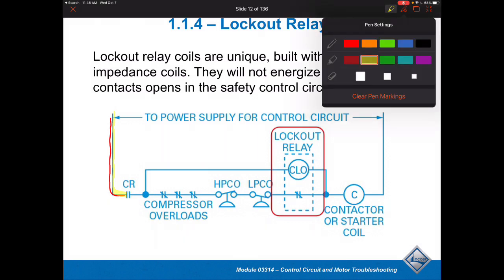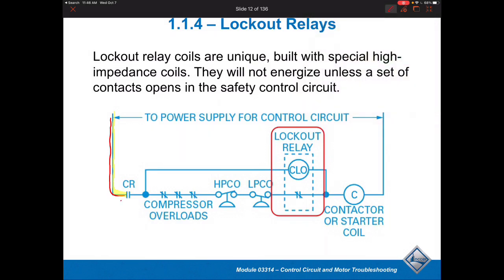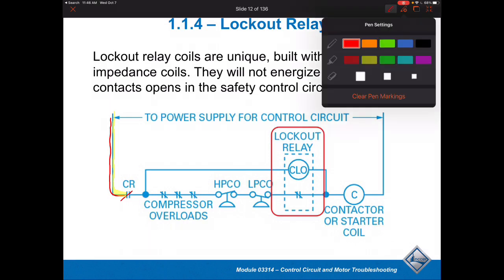So we would say, hey, we want the control relay to energize. We need cooling. That would be an example here. Or maybe we want the fan to run, whatever might be going on. But in this case, based on what I'm seeing here, it's most likely going to be something in that order. We want cooling to operate.